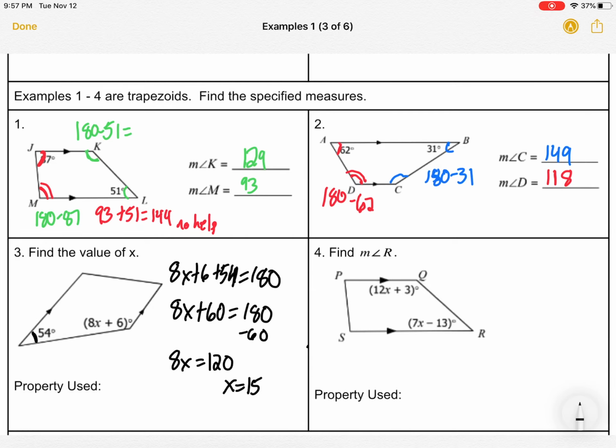Now the property used, my classes are getting confused by this as well, so they want to say something that ends in the word property. It just means, how do you know that those equal 180? And you could say that consecutive angles are supplementary. Number 4, looking at number 4, it's the exact same property. Consecutive angles are supplementary.